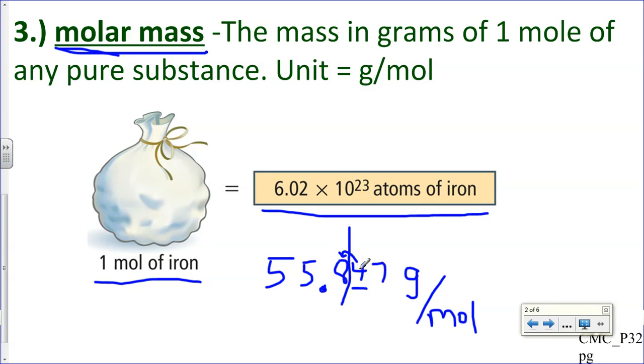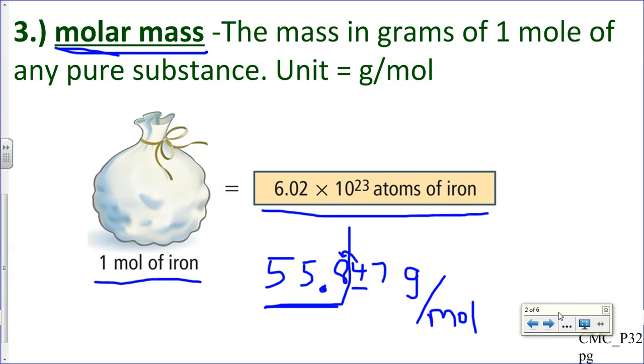If this were a 5, a 6, a 7, an 8, or a 9, then that would make this round to a 9, and it would be 55.9. So we're just going to go with 55.8 grams, which is equivalent to a mole, which is equivalent to 6.02 times 10 to the 23rd atoms of iron. So we'd weigh out 55.8 grams of iron, and we would have a mole.